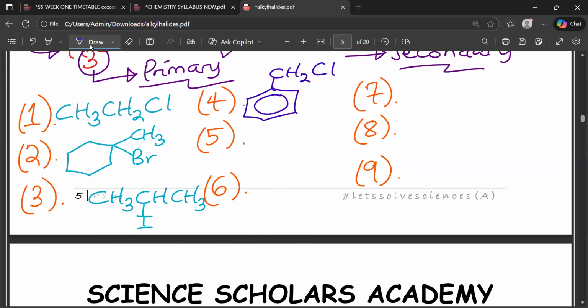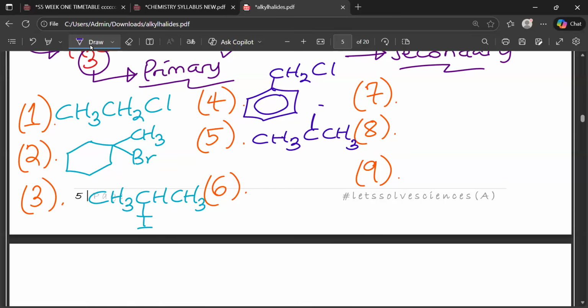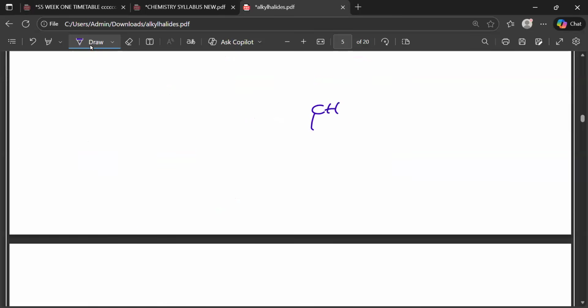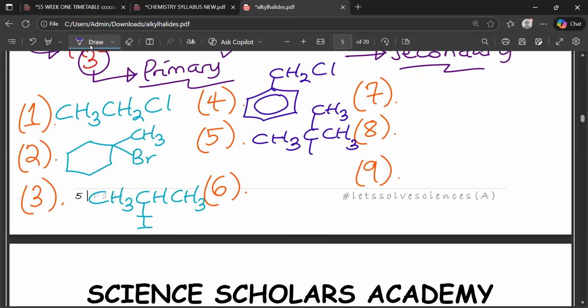Then the other structure you can have is CH3 C CH3, then also on top CH3, then down have Br. Then the other structure has I here.